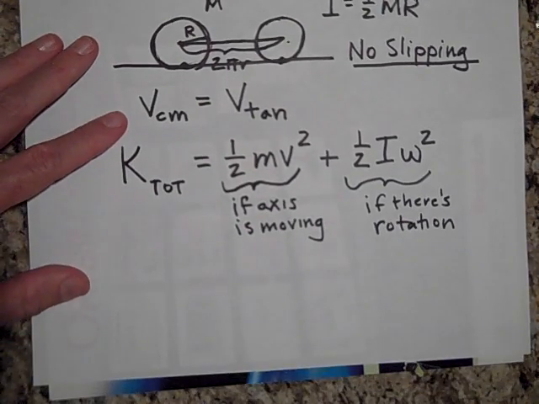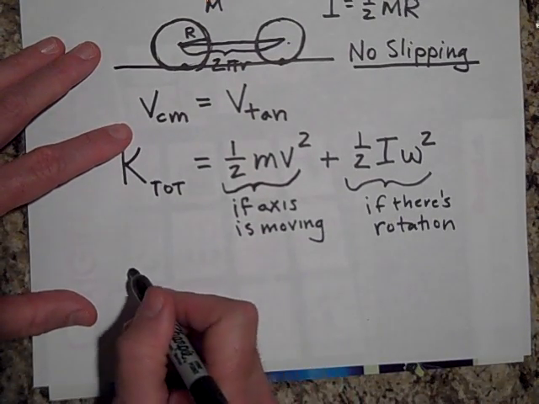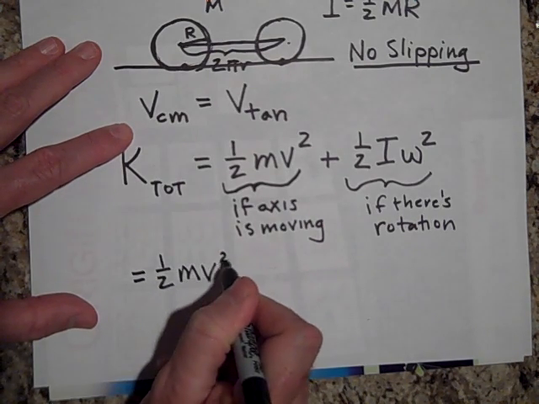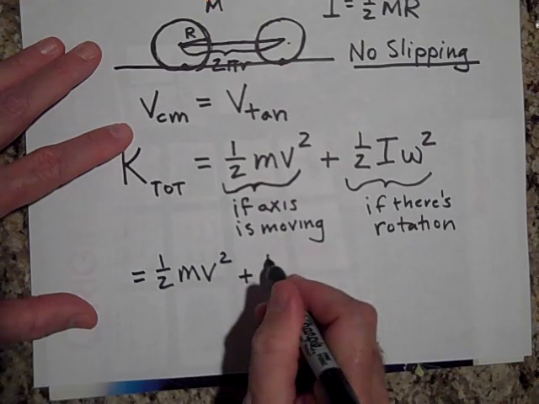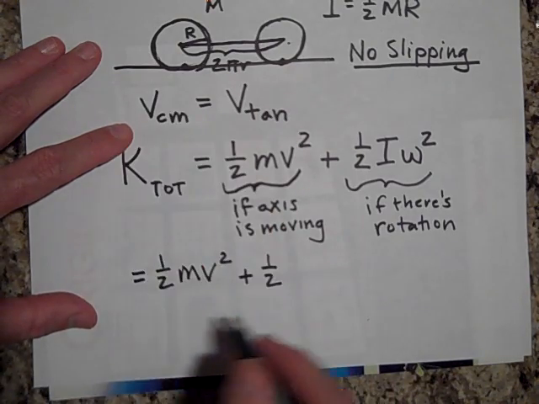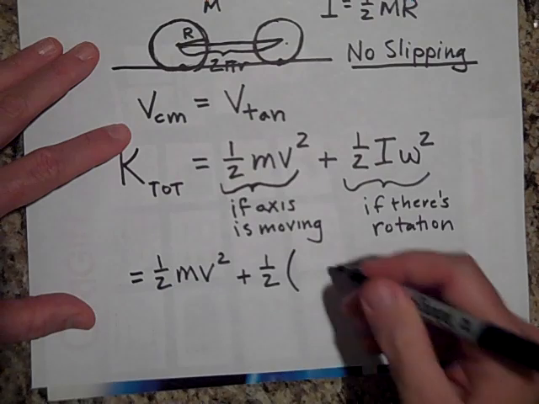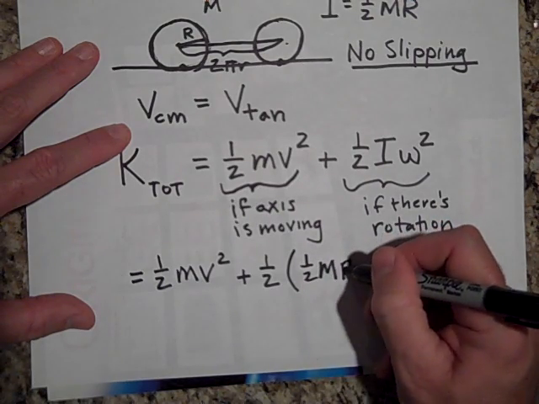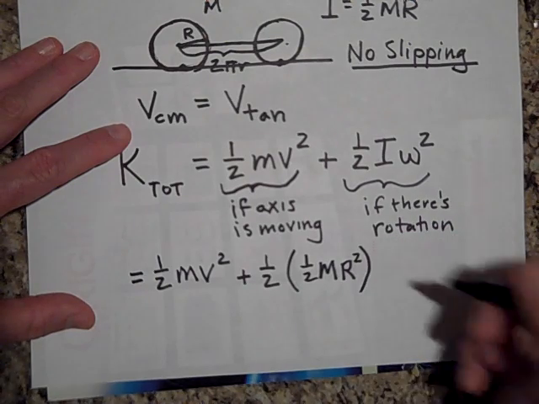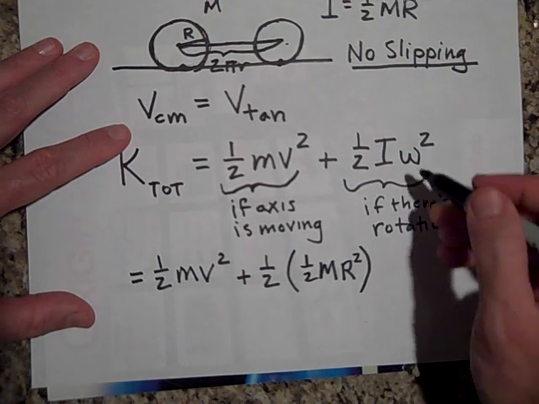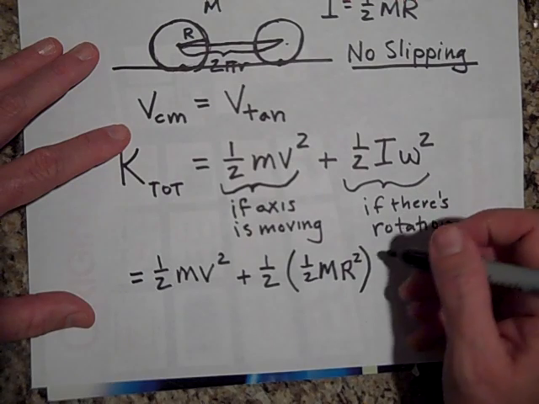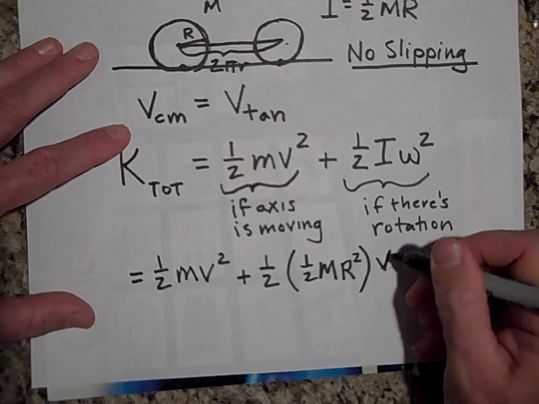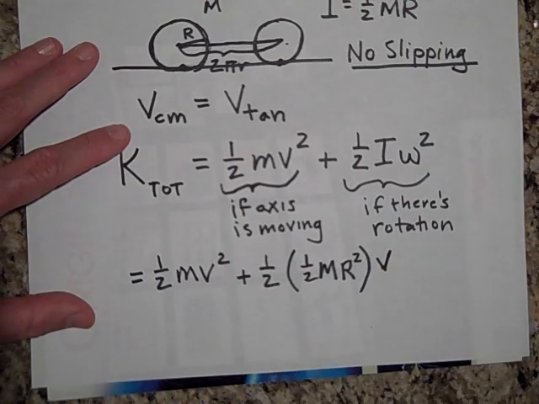We can simplify some things here. This is going to be 1/2 mv squared plus 1/2, now I for a cylinder is 1/2 mr squared, and then rather than writing omega squared, I'm going to use the bridge equation and say that's the same thing as v, that same v, because of this right here.